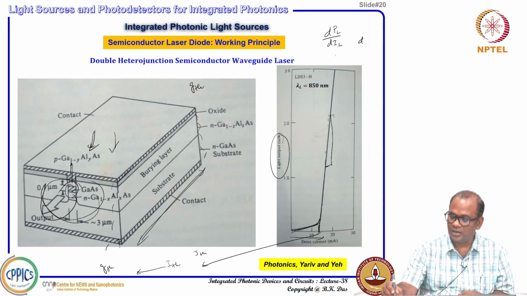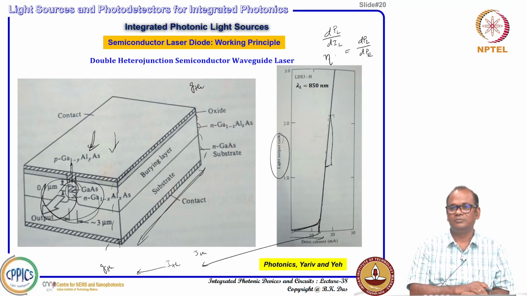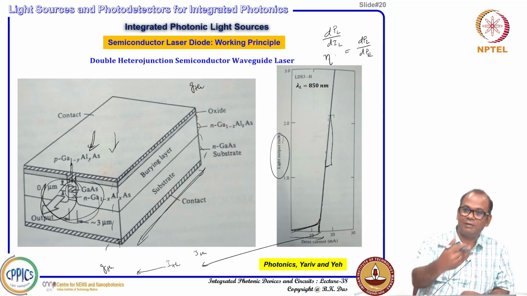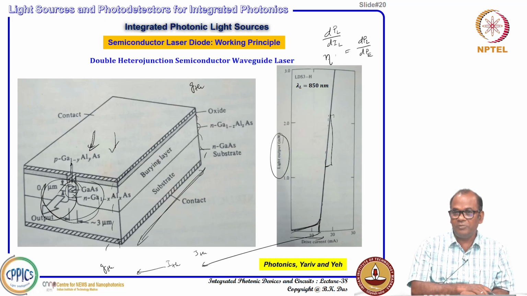You can consider dP_L, laser power, over dP electrical power, which will be called the laser efficiency. How much electrical power you are consuming and how much light power you are converting.